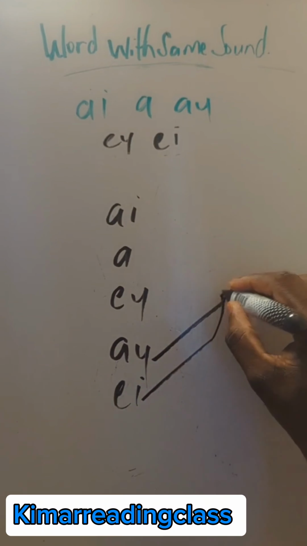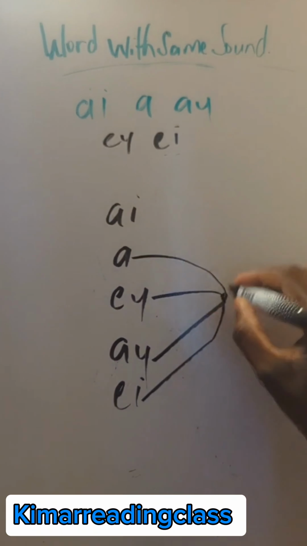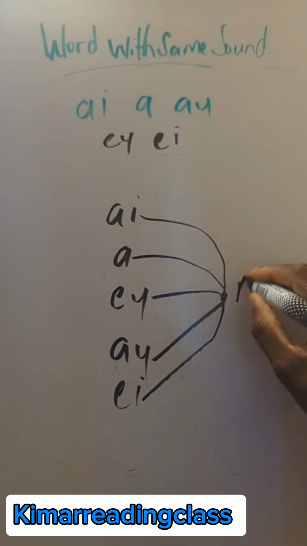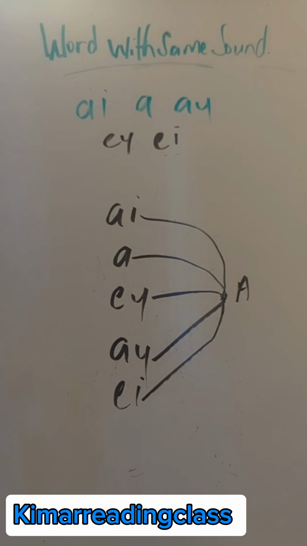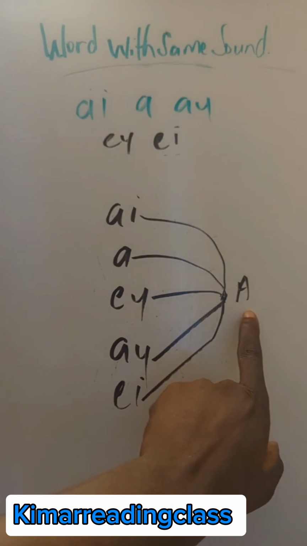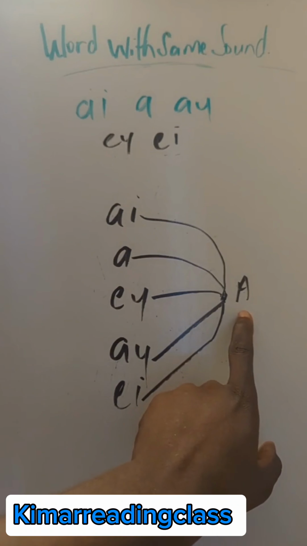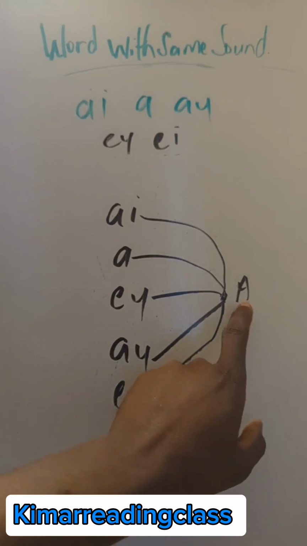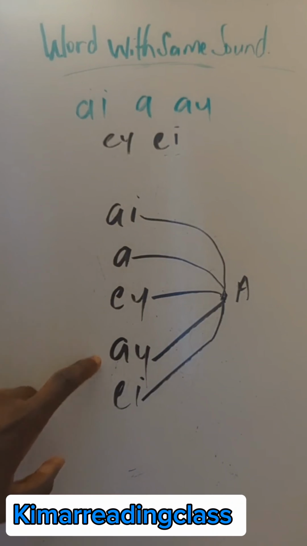So it comes like a little web. So the one sound right here, when you know this will be A, the letter A is also a sound. So this one letter right here, so we have the sound A, and all of them here have the sound A as well.